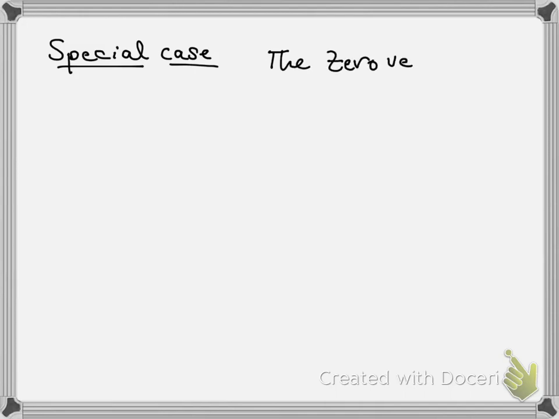Well, of course, there is a special case of the zero vector. So the zero vector is the vector with length equal to 0. It's denoted by 0 with an arrow.